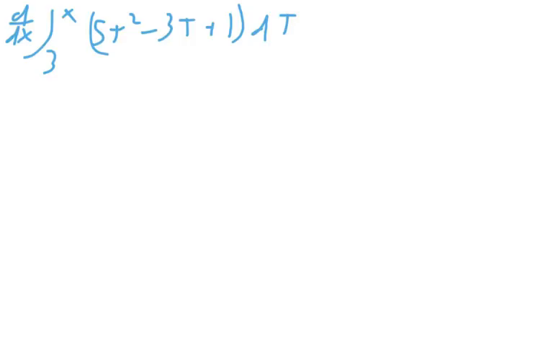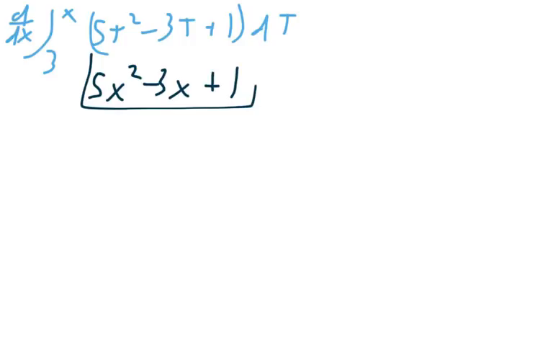For problem number 7, we're doing the second fundamental theorem of calculus, which basically means when we take the antiderivative and then we take the derivative, there's not much to do, and we get the answer.